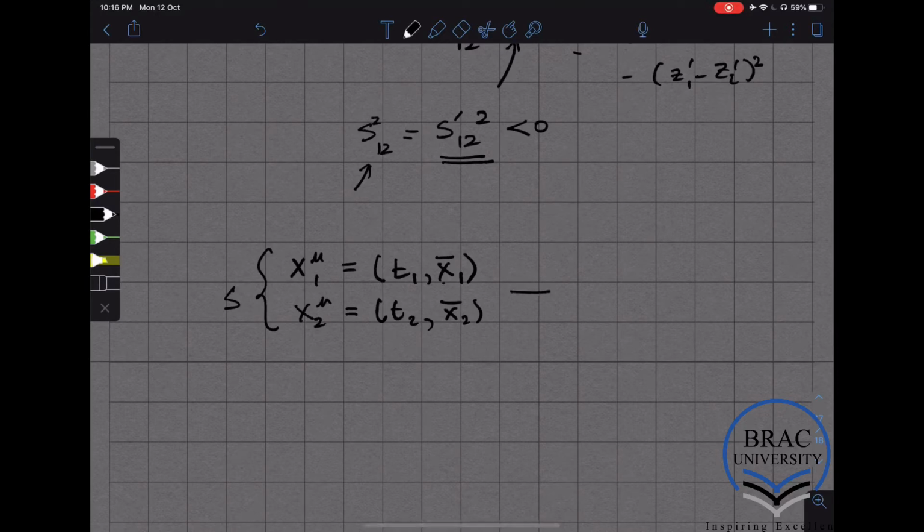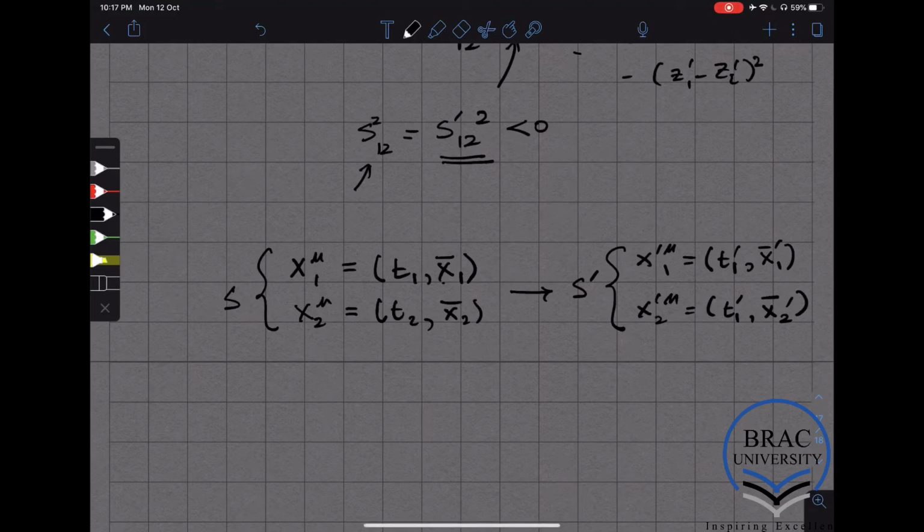The question is, is there another reference frame such that the new coordinates of these points are such that the time coordinate is the same?